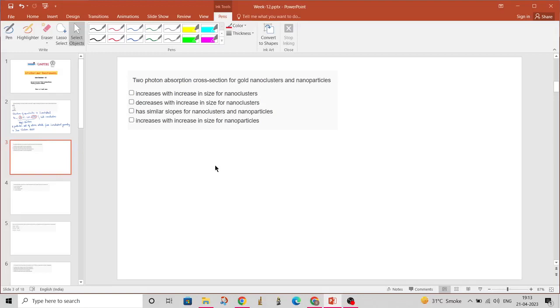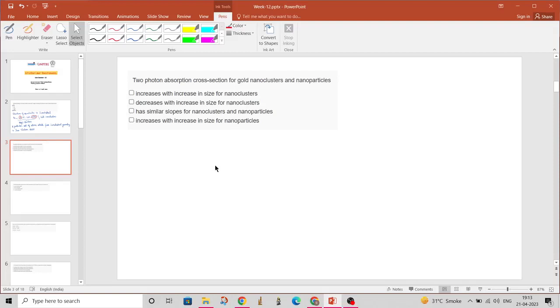The two-photon absorption cross-section for gold nanoclusters and nanoparticles: increases with increase in size for nanoclusters, decreases with increase in size for nanoclusters, has similar slopes for nanoclusters and nanoparticles, increases with increase in the size of nanoparticles.